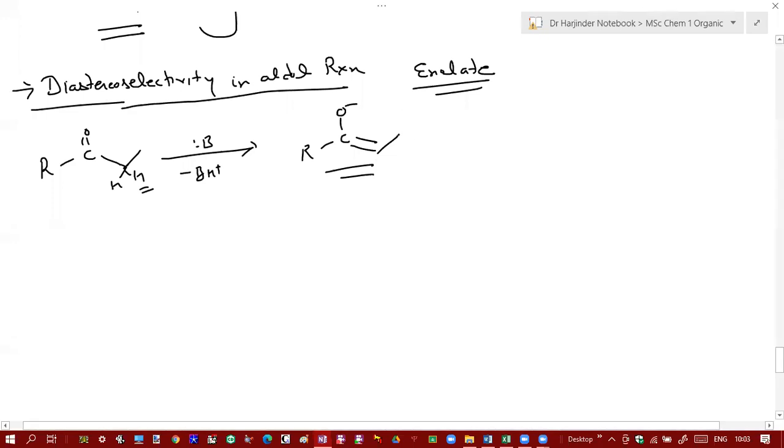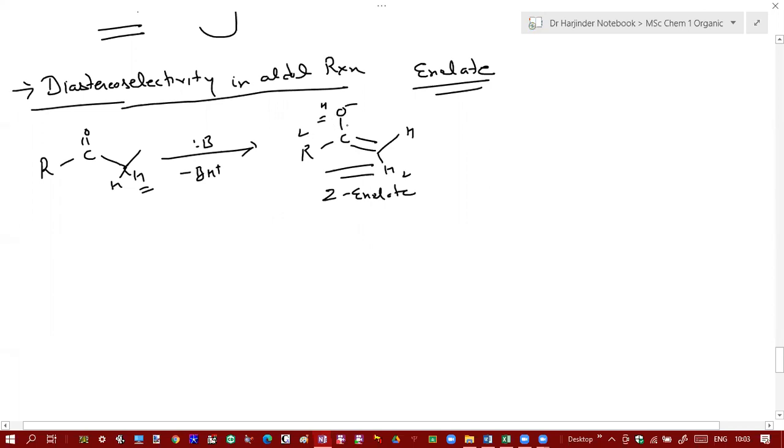So here it is E or Z. Suppose this is methyl and here it is oxygen. So is this enolate an E enolate or a Z enolate? Z. Because here you have a hydrogen, so low priority, and here any carbon-containing group, so this will always have low priority. This will have high priority oxygen.